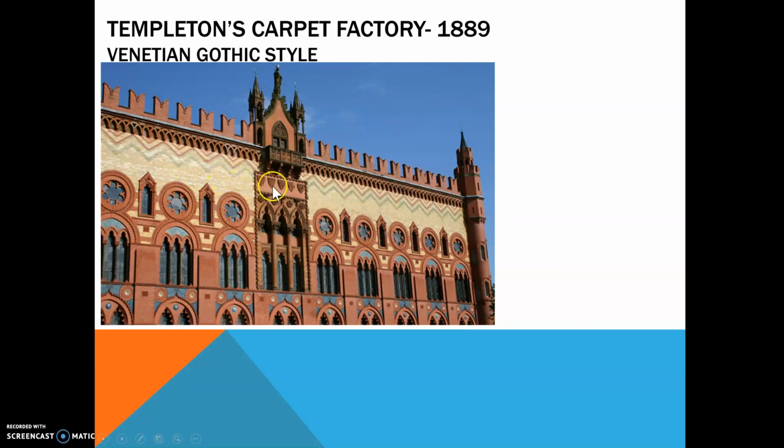All of this costs a lot of money, and so when you get such elaborate and detailed architectural forms, this is not just utilitarian. This is a carpet factory, but everybody understands, looking at this building, that this is the production of wealth here.